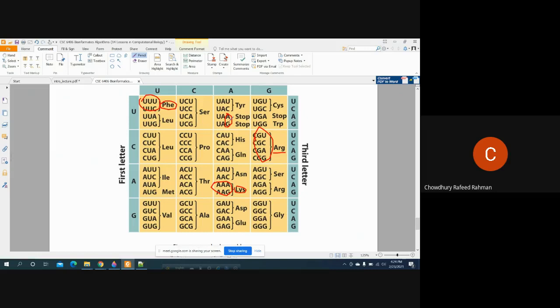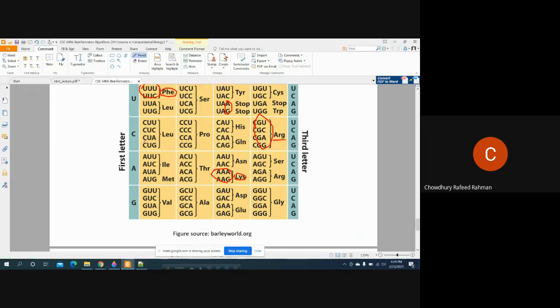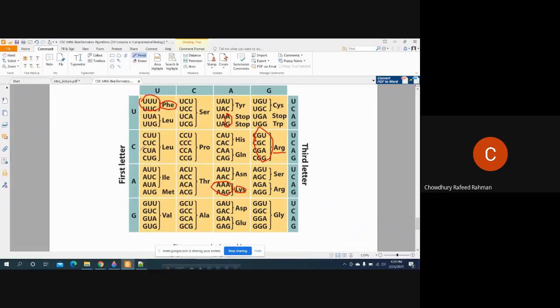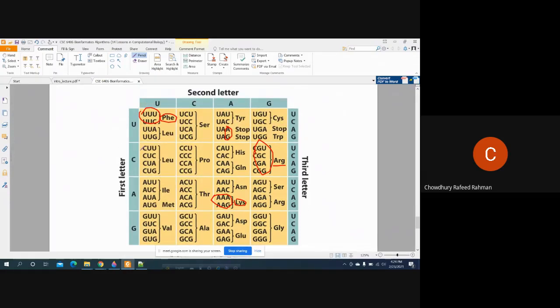I wouldn't say it's a 3D array. This is just a mapping shown here. Not that complicated a thing. It is just one way of showing the mapping from the codon to amino acid. It's a fancy way of showing a mapping.